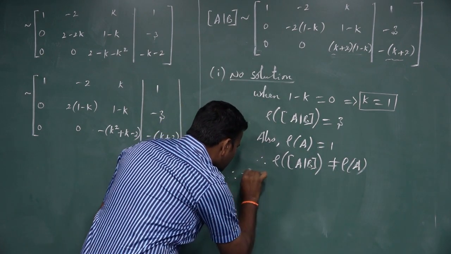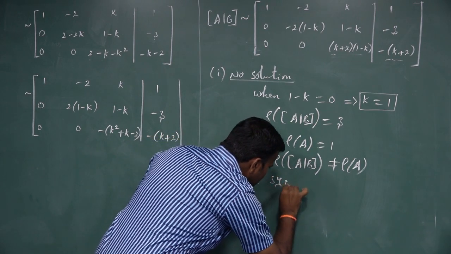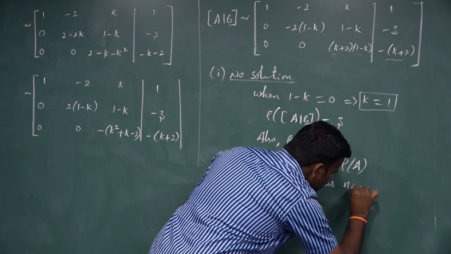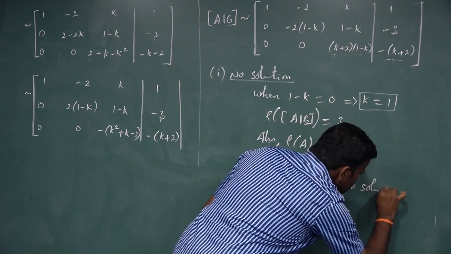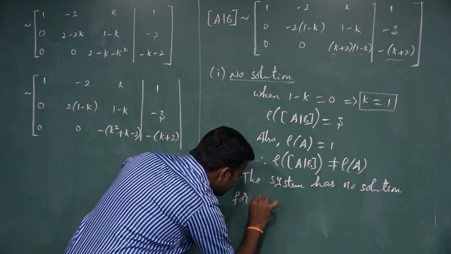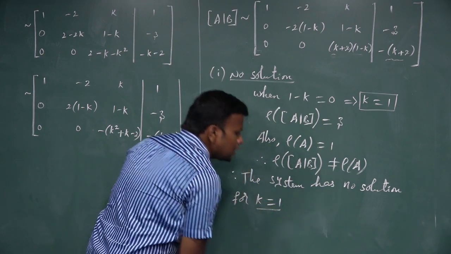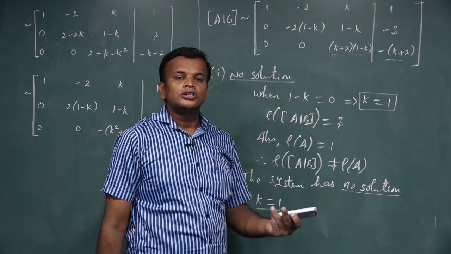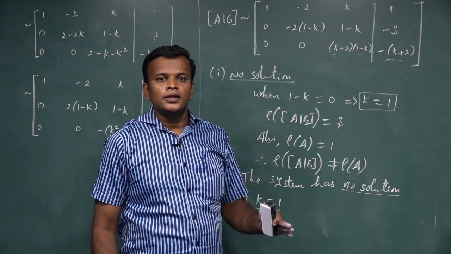Therefore, the system has no solution for the value of k equal to 1. We must write the conclusion. Our question is, for what values of k does the given system have each type of solution?